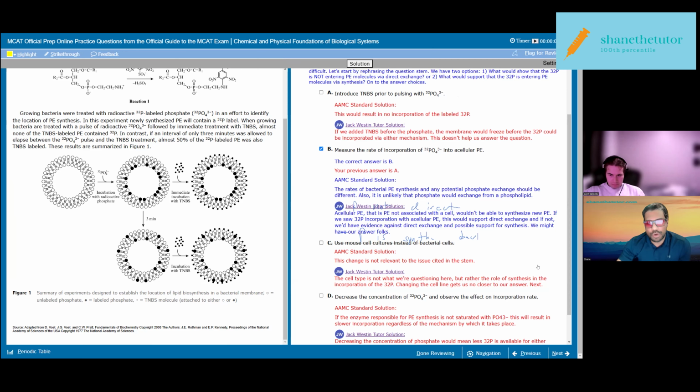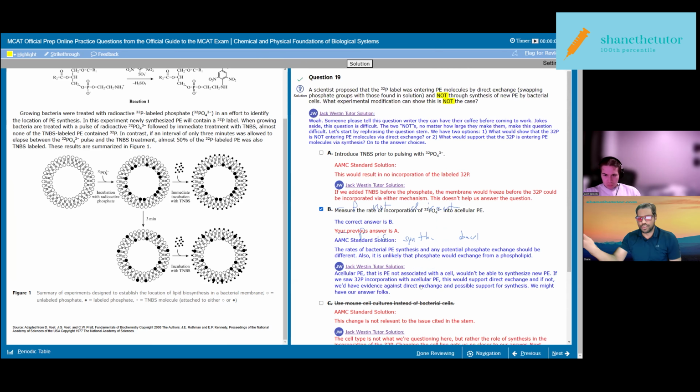So the way that I wrote it, P not direct and P is synthesized bacterially. I guess honestly, this could go the other way around too, because they're just saying, how can we tell that this is not the case, right? So I think that also includes, because what we're doing here is we're in an acellular environment.